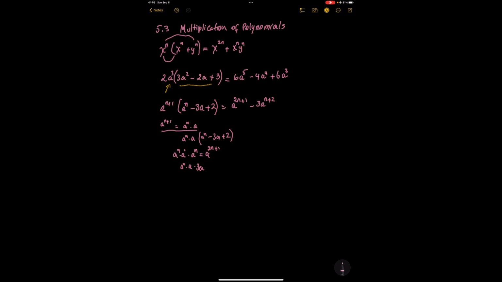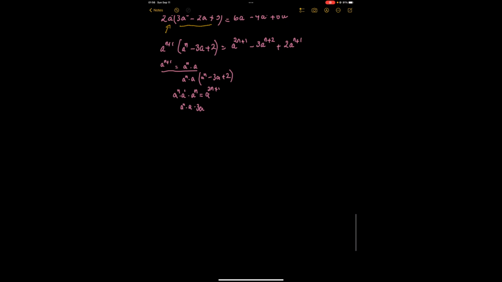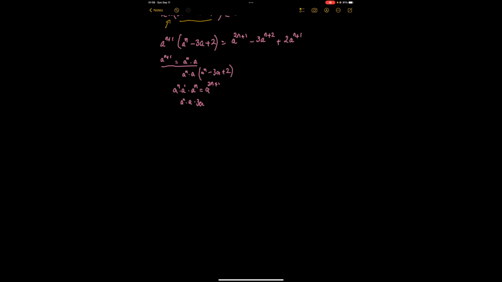And so the answer will be a^(2n+1) minus 3a^(n+2). And that will be your answer right here. So do you see how simple it is? Now, I say simple, but if you are unable to actually break it down, then you're going to have a hard time understanding what to do.